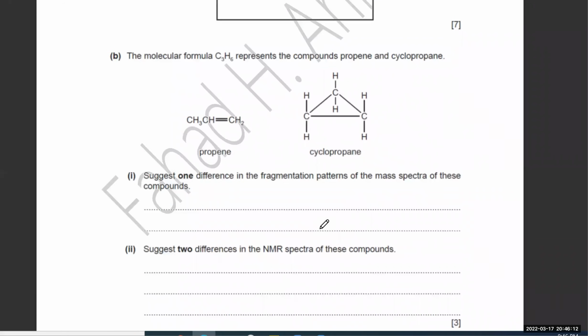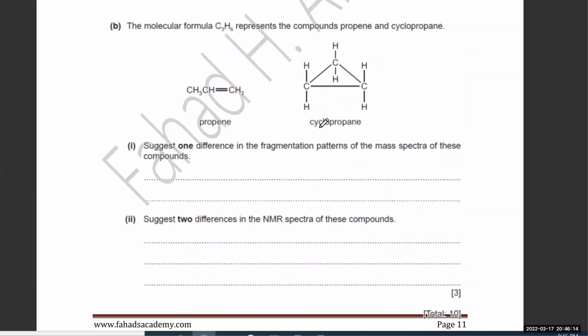Now this one asks for one difference in the fragmentation pattern in the mass spectra of these compounds. So remember, when you do mass spectrum, fragmentation pattern gives you hints about what type of structure is present. If you look at these 2 molecules, this one over here will give you a peak at 15, which would be a CH3+ fragment.